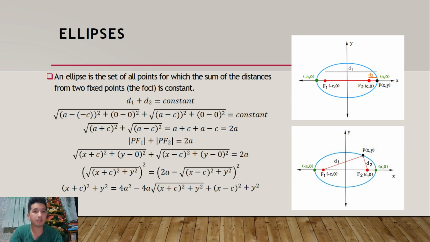When you solve this, it will become the square root of (a plus c) squared plus the square root of (a minus c) squared. It equals a plus c plus a minus c, which equals 2a.